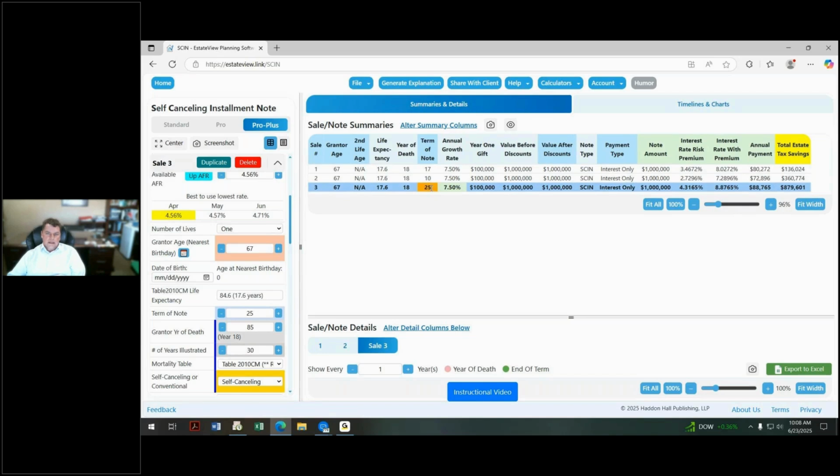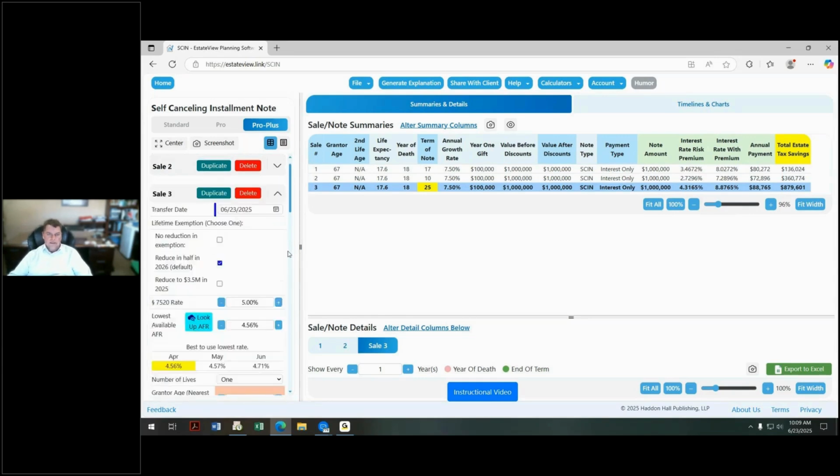With respect to that, the interest rate, because of the possibility of not being repaid, goes up from 3.46 to 4.31. So my total interest rate is 8.8765 instead of 8.0272. Again, that's how it would impact if we were just changing the values.